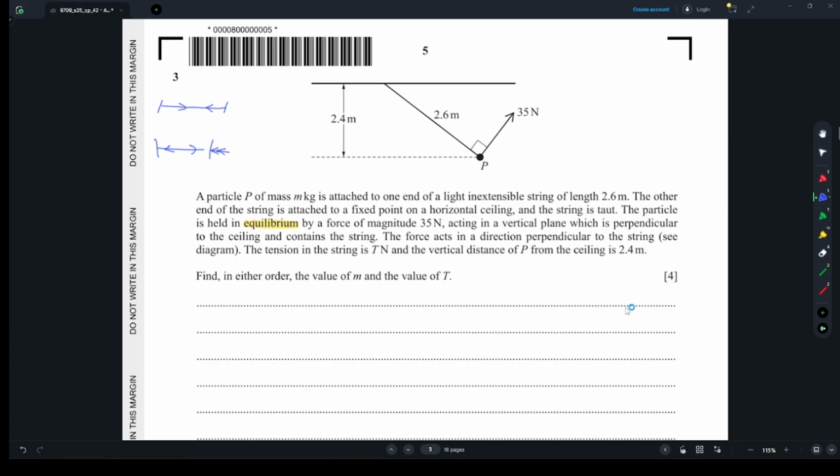So then the force acting or generated inside the string is in the opposite direction. And here you have a tension. That means we pull it out. So then always the force acting or generated inside the string is opposite. So that's why here we have that one.